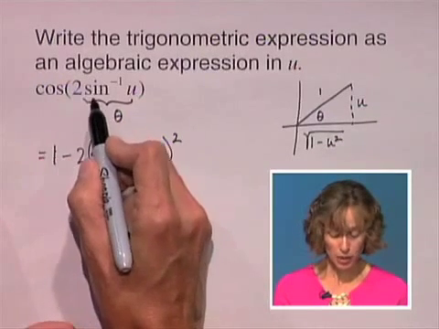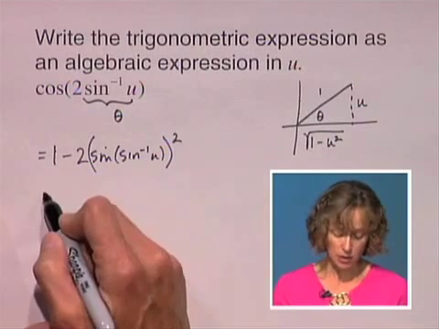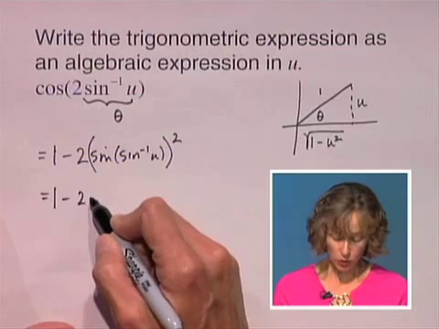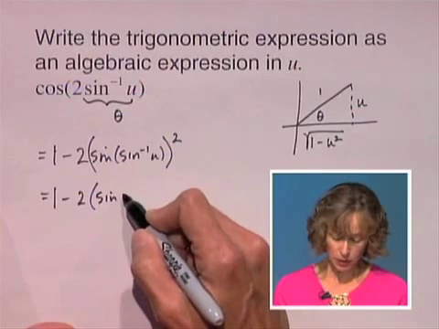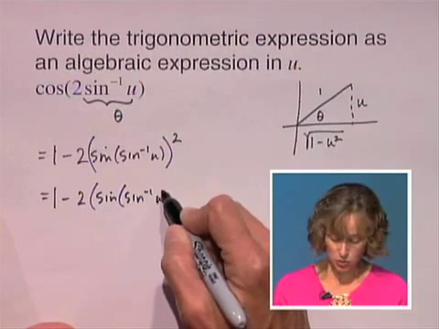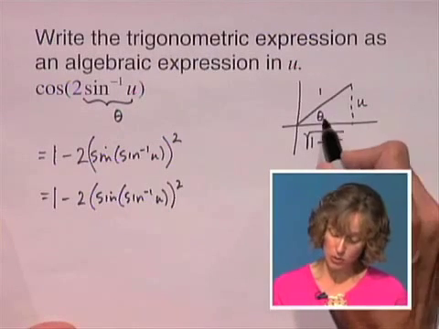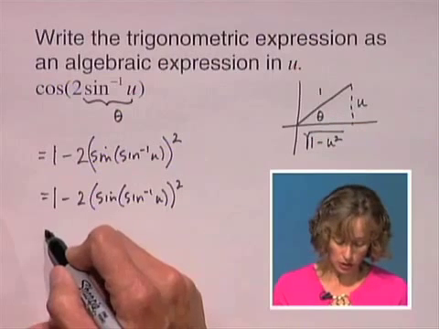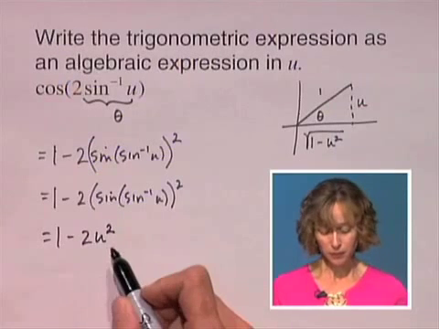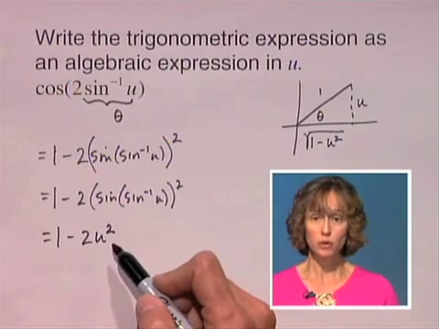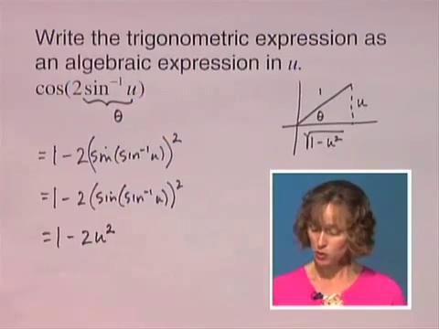Simplifying this, putting in what I know, I should put in the sine of the angle whose sine is u, and the sine of my angle theta is u. And so I end up with 1 minus 2 times u squared as my result. Now, considering whether u could be positive or u could be negative, since I'm going to square it, either way, this would be the result.